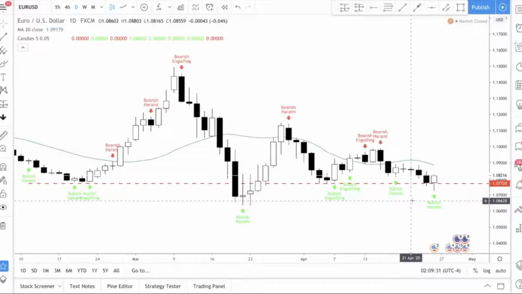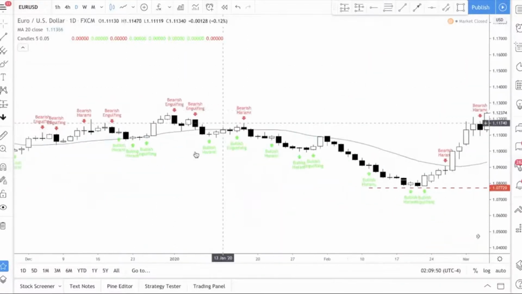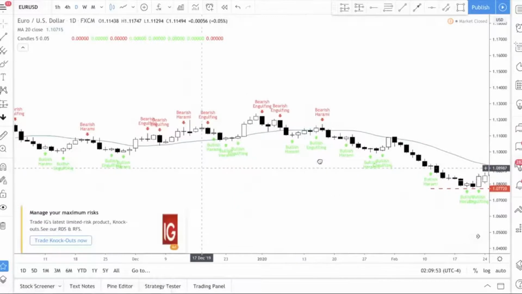That's one of the strategies we use. It's not the only strategy we use, but it's one of them. So if you are new, make sure you download a copy of that. You can use that trading guide together with this indicator to help you identify good trading opportunities. So that's how this indicator works. You can see it's really pretty straightforward.